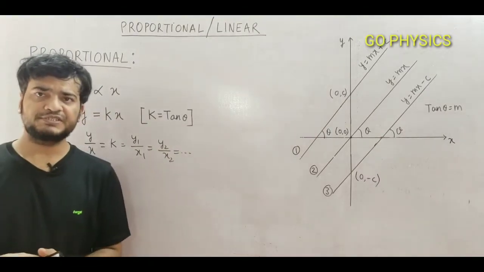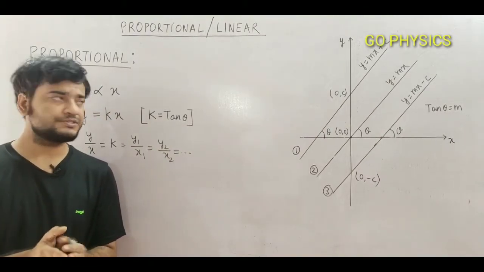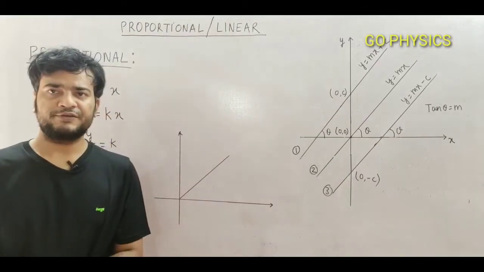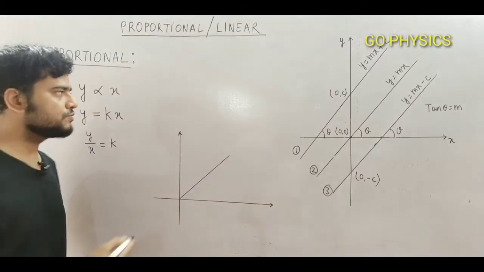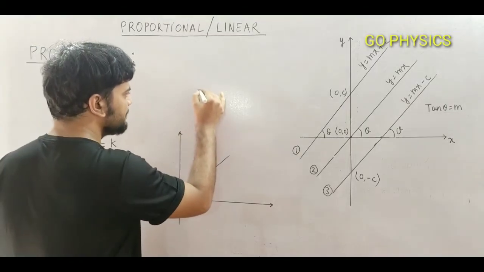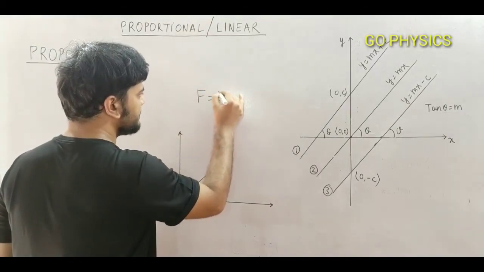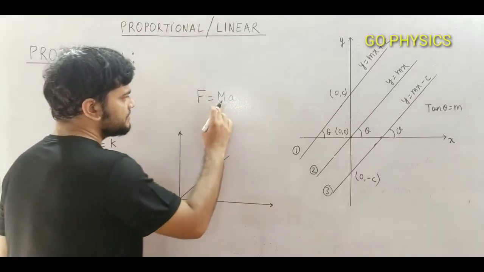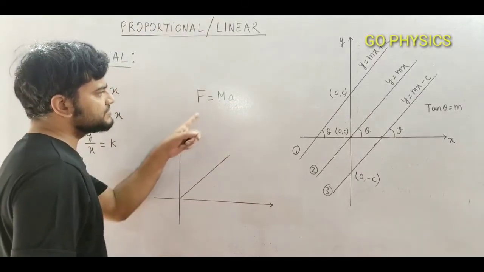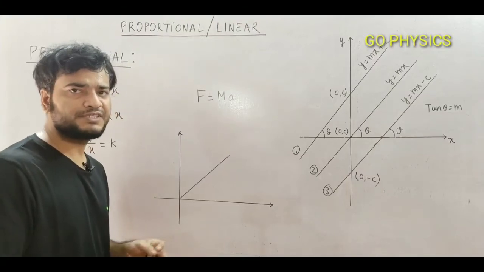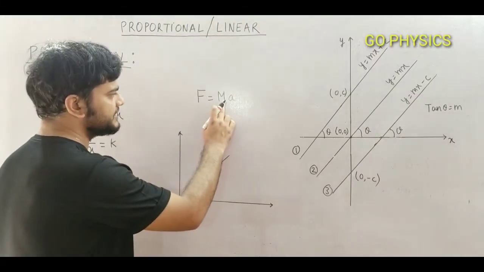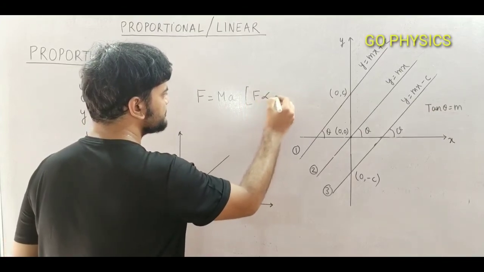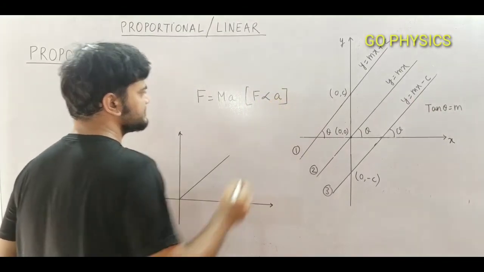Now let's see some physical equations that follow a proportional relationship. We all know that from Newton's second law, force equals mass into acceleration. In this equation, the mass of the system is not changing with time, that is, mass is constant. It means that F is proportional to acceleration.